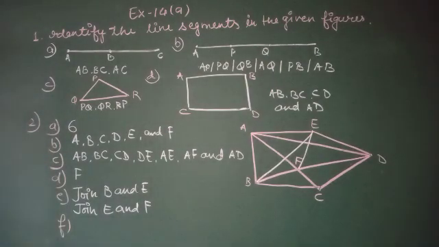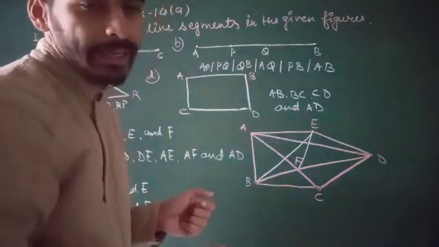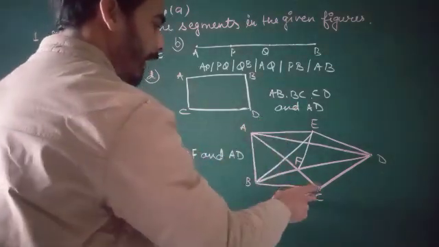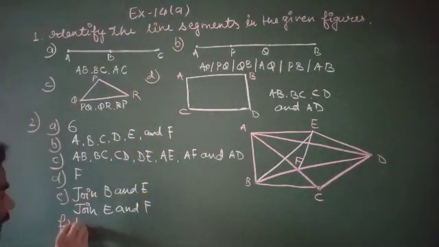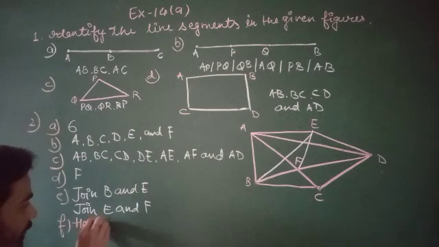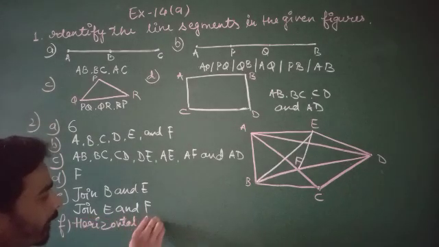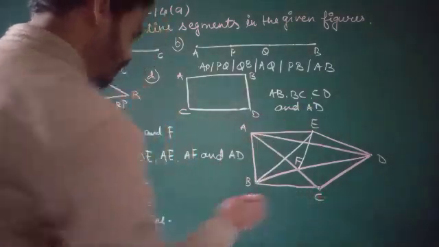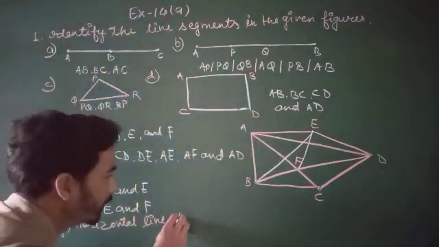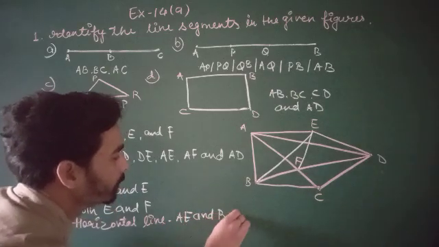Now choose these lines from this figure. AE and BC are the horizontal lines.